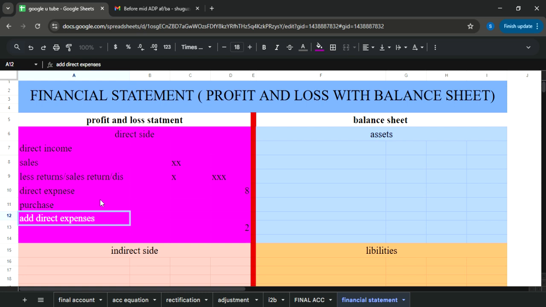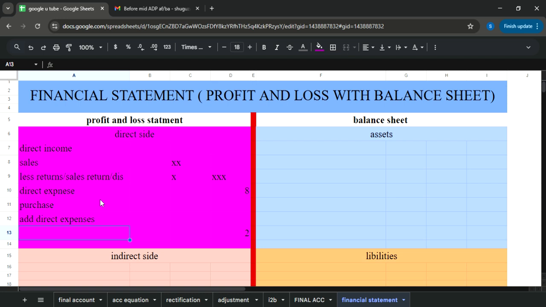Now we will make a list of those direct expenses, and I will be using a smaller size of font. So mainly we will try to write all those expenses over here. Please note it down. This was your heading.